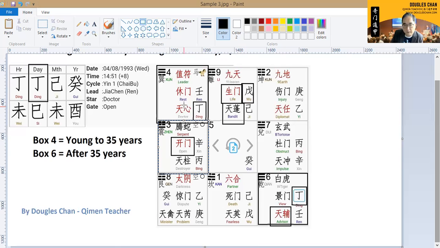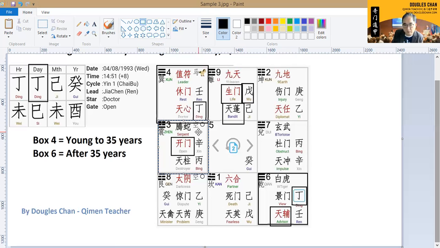Although in energy terms, he himself and the job itself are actually in harmony, because of this particular box 3 itself, everything beside the serpent, the destroyer, and this Sing, together with this Kong itself, is not going to support him in the job. So he will have a lot of difficulties staying in the job, managing a job, and working for people. So that is not a very good thing.